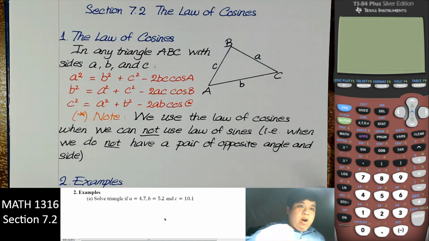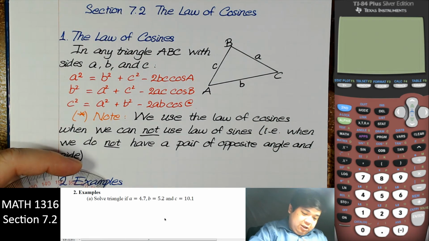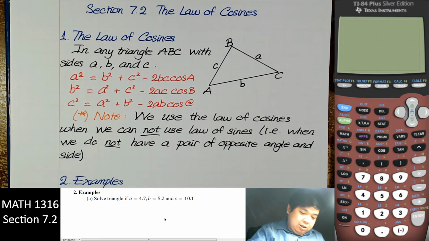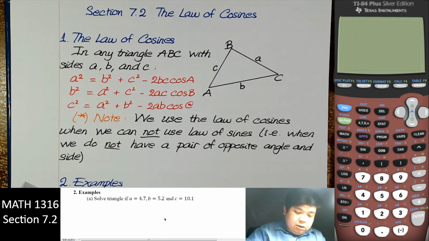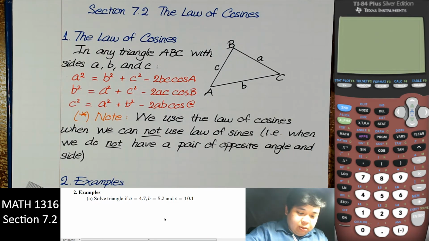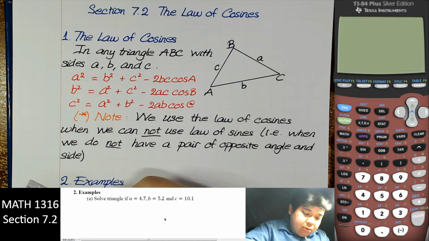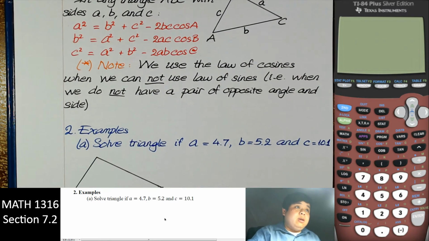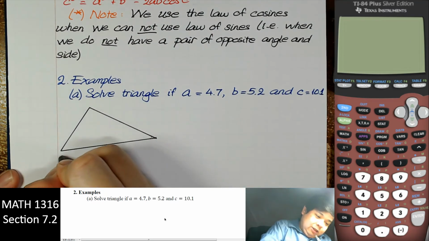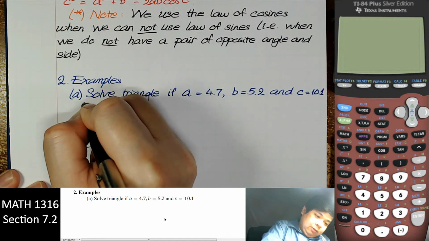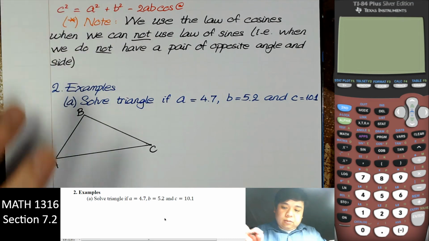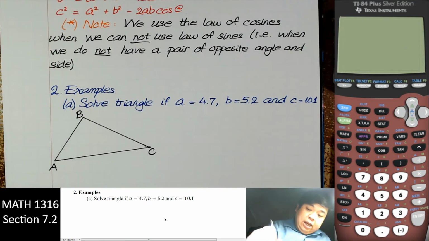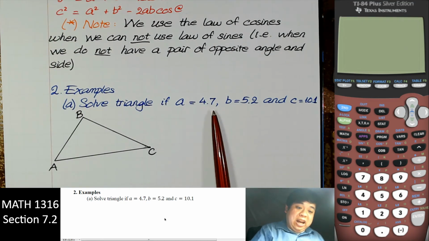Let's draw the triangle first. Right. In this triangle, we are not given any angles.